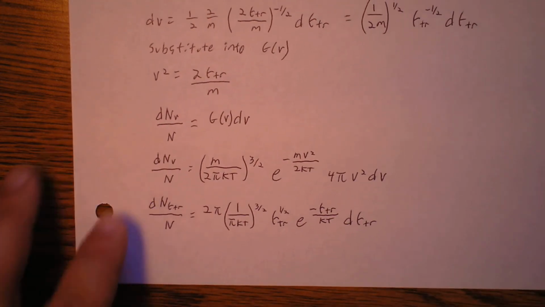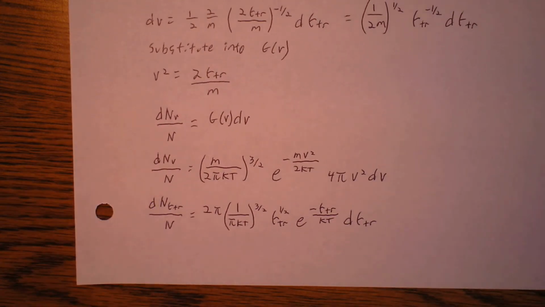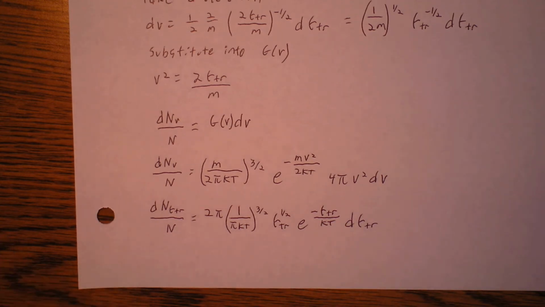So now we have the differential of the number of molecules at speed v divided by the total number of molecules, and that's equal to m over 2 times pi times Boltzmann constant times absolute temperature, all that to the 3/2 power, times the natural number e to the minus mv squared over 2kT times 4 pi times the speed squared times the differential of the speed.